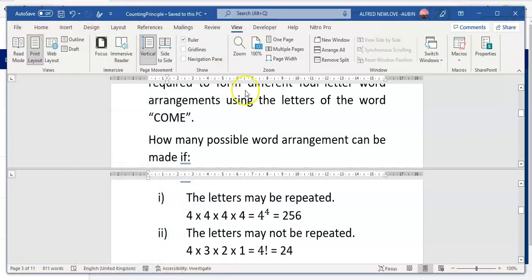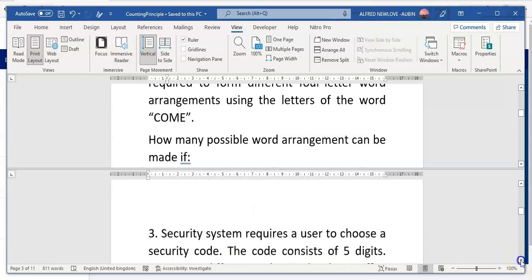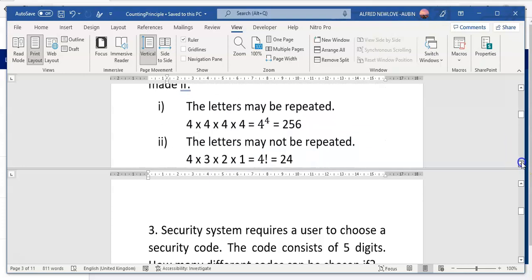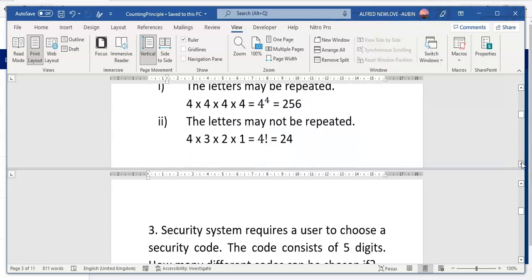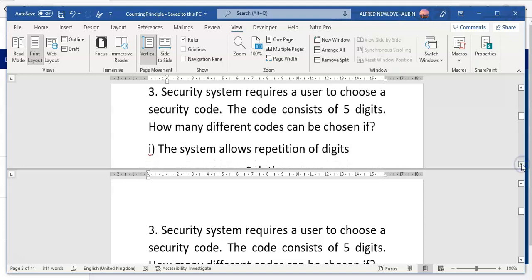Okay. Now, we are moving on to the next question. Let me bring the next question at the top here. Then I use the down for answering the questions.